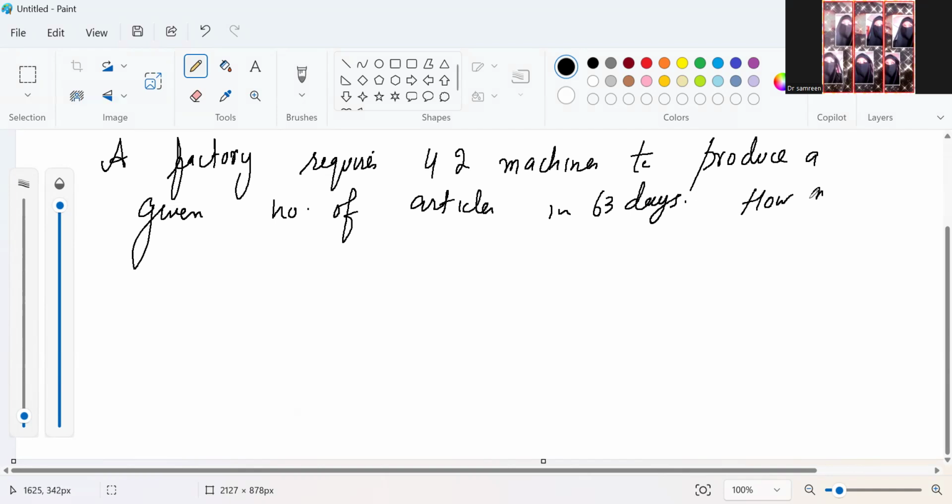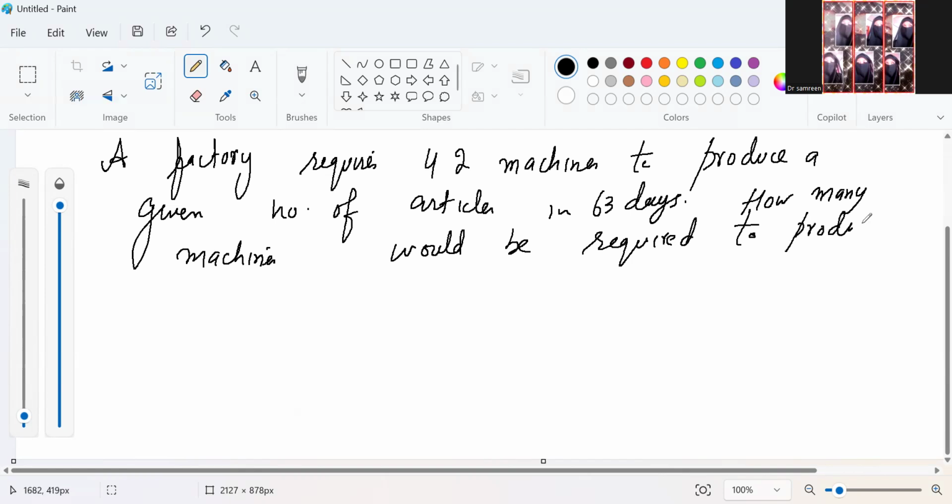How many machines would be required to produce the same number of articles in 54 days?